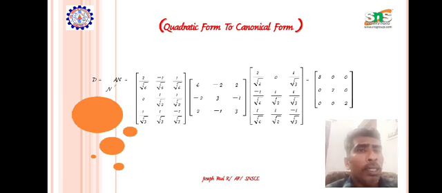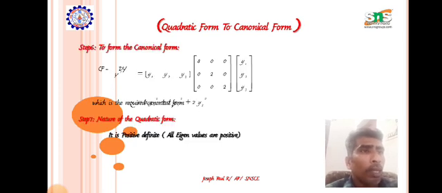The diagonal matrix is D equals N transpose A N. When we find it, we get a diagonal matrix, and the diagonal elements are nothing but the eigenvalues. For all such problems, when we convert a quadratic form to canonical form, the diagonal elements are going to be the eigenvalues.